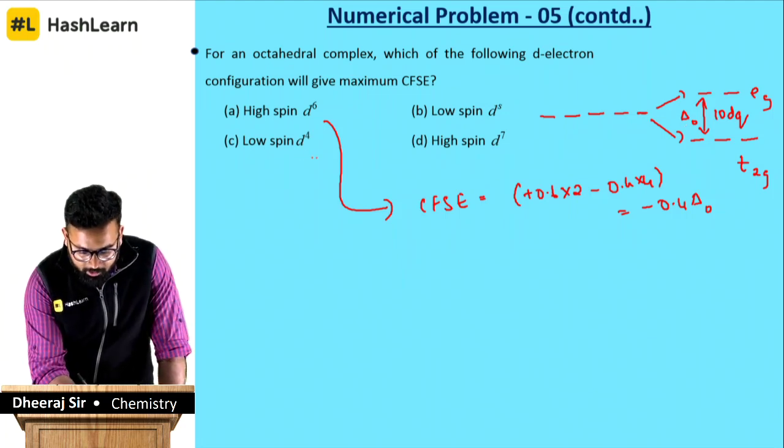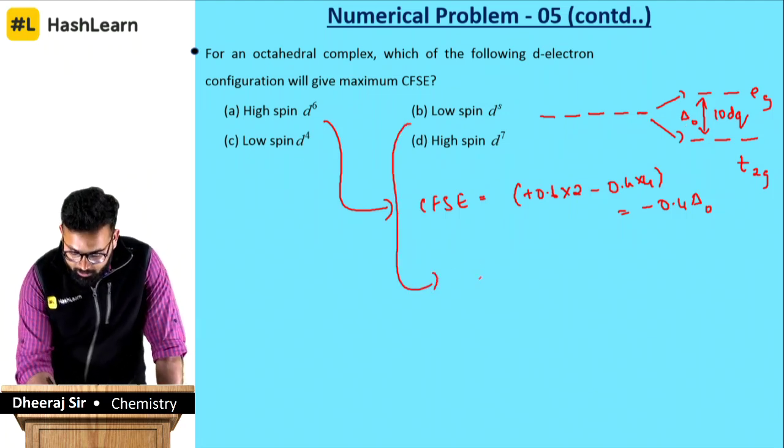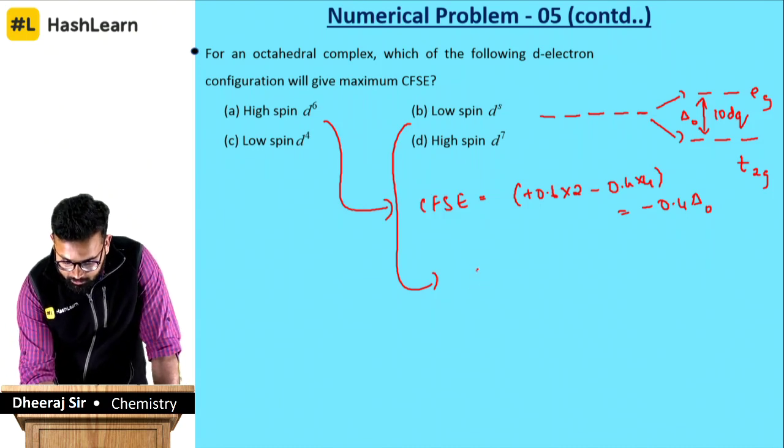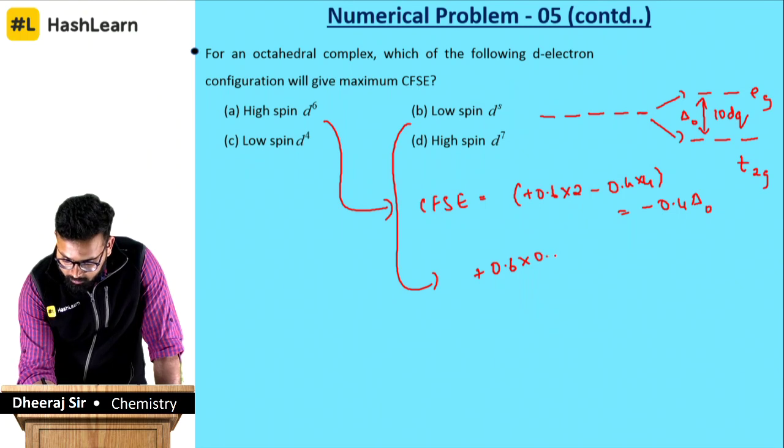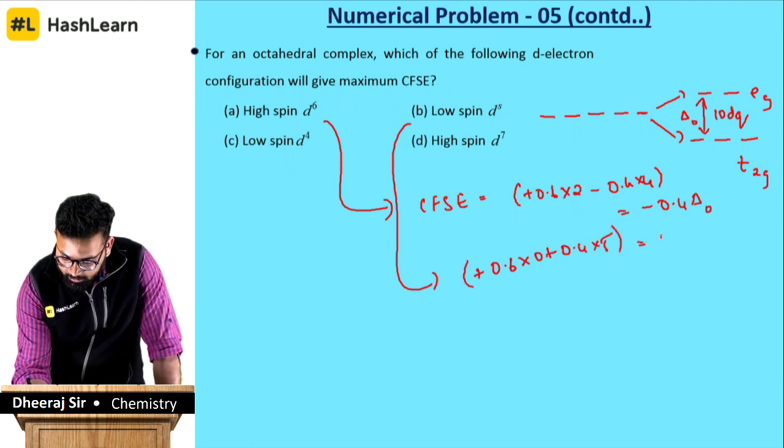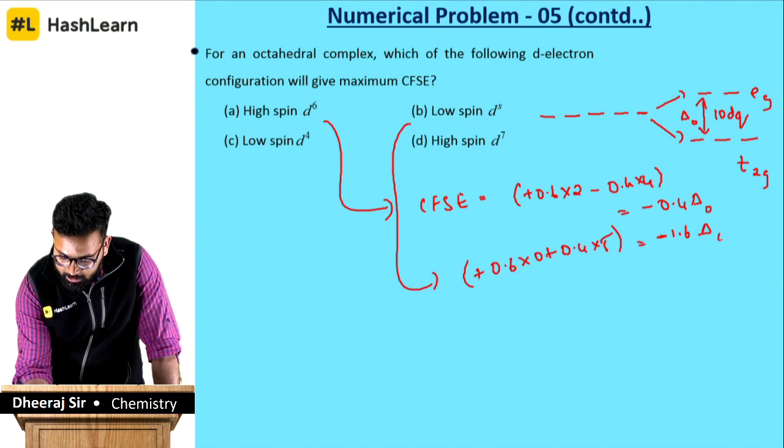If you look at option B, CFSE is plus 0.6 into 0, that is no electron in the high spin, plus 0.4 into 5, which makes it minus 1.6 delta naught.